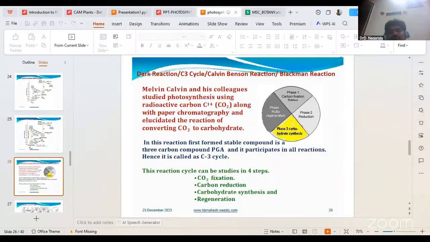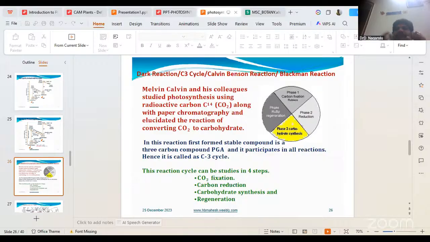The bundle sheath cells cover the vascular bundle to prevent wastage of water. That is a special character of the C4 plant. All the monocot grasses are C4 plants.